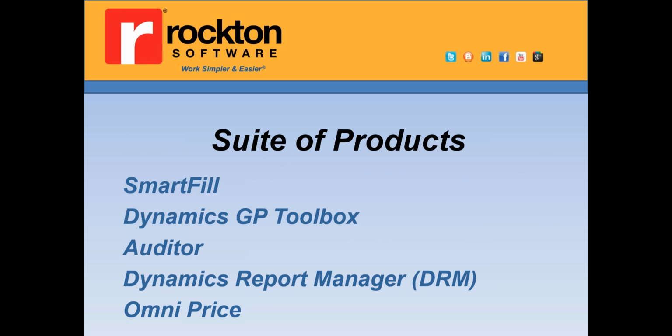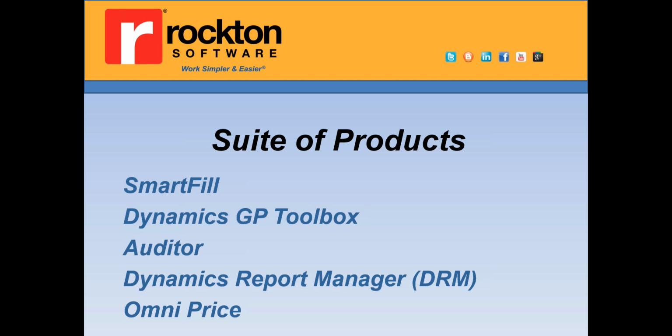We have 5 different products. There's SmartFill, which is like a Google or a Bing type search in GP, kind of like having a search engine in GP. Dynamics GP Toolbox, and that's a group of tools that basically was created just to make your life easier. There's Auditor, which is our auditing product.